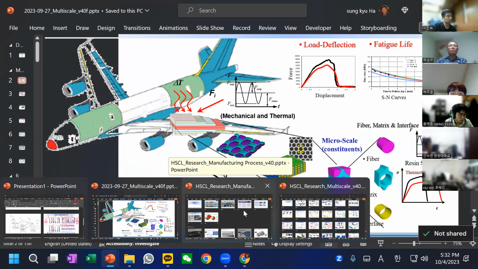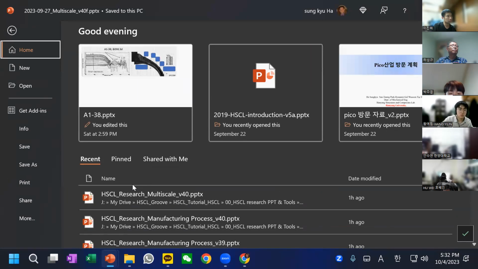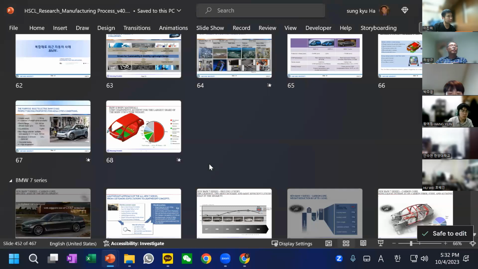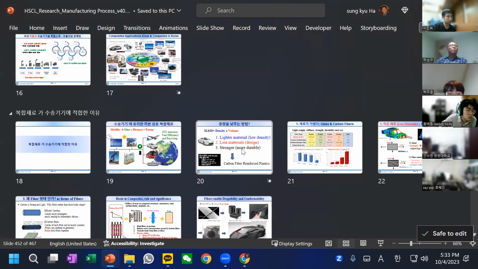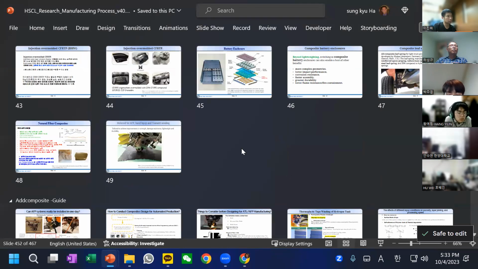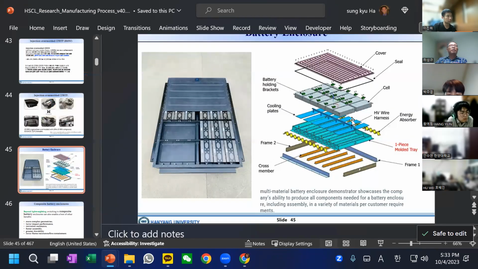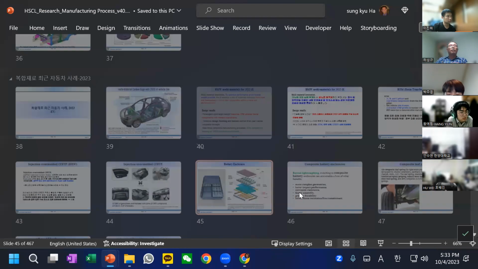I'd like to close today's lecture by emphasizing that from time to time, I like to go through how the composite can be applied to real structures like this battery enclosure.